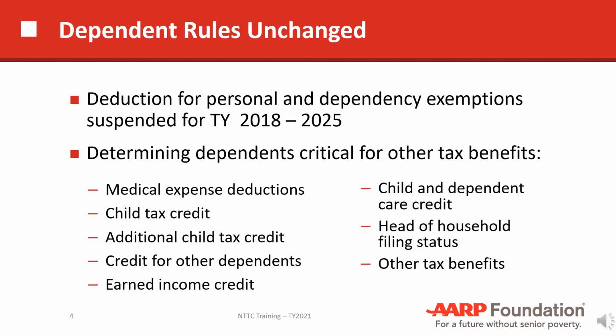So dependency played into all of these other things as well as that one exemption. So even though the exemption went away, at least until 2025, or at least until 2026, it still exists in the tax code because it has a major impact on all of these other things, mostly credits.